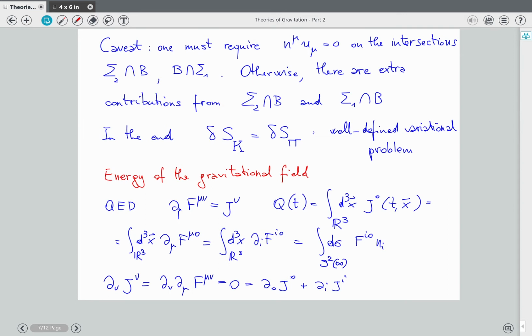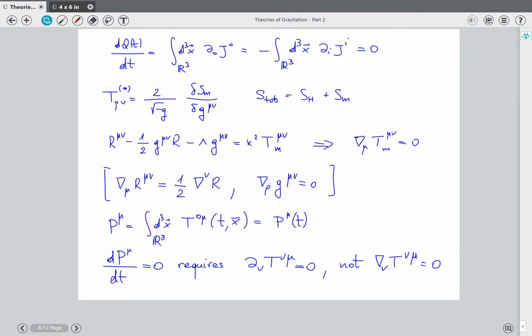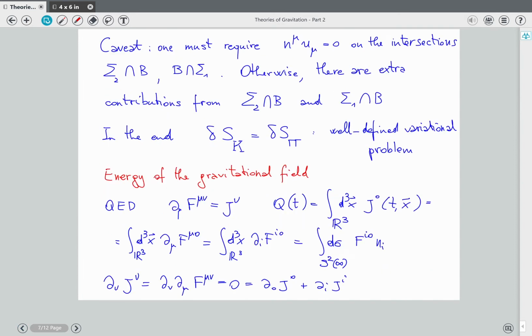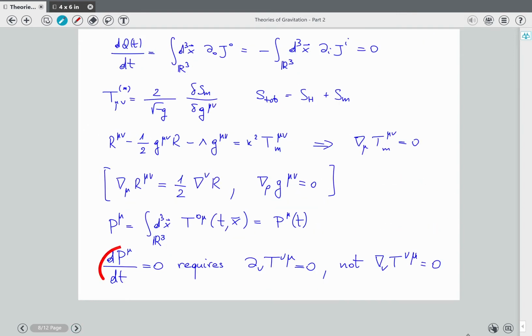And the problem with gravity is that from the field equations you get a conservation condition which is covariant, but to prove that some charge similar to this one is conserved, in that case it would be the four-momentum, you need a conservation of this form, not of that form.